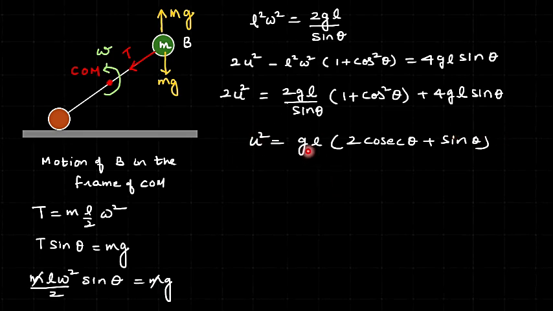So u square is gL times 2 cosec theta plus sine theta, and obviously this theta in turn will also depend on u. So how much can this take the value? So we'll use maxima and minima. So for this part only, basically we want to put a limit on u. So that limit will be decided by this factor.